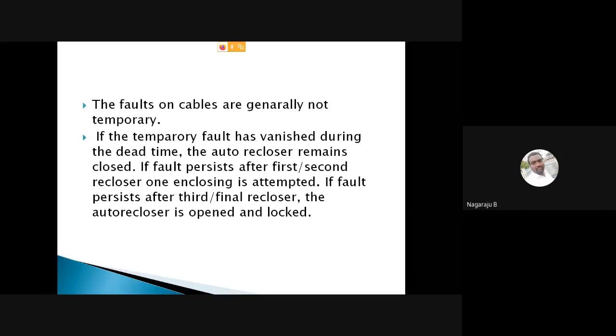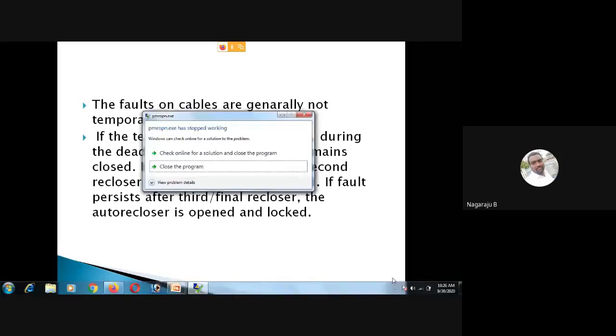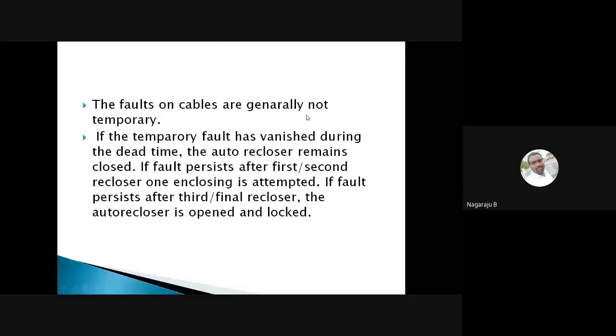So line reclosers are often installed at points on the circuit to reduce the amount of exposure on the substation equipment.